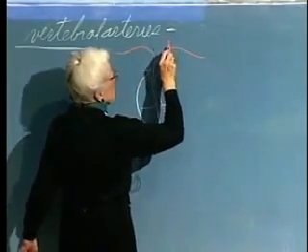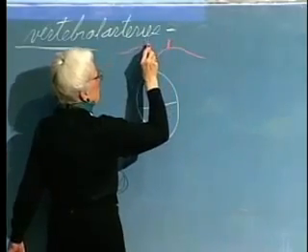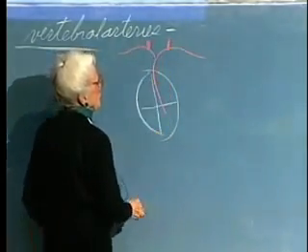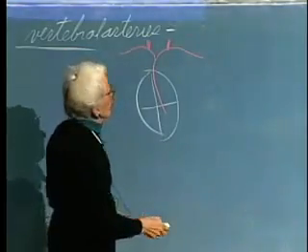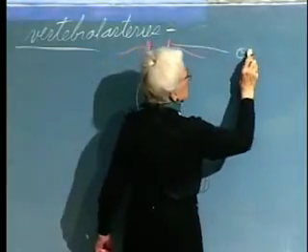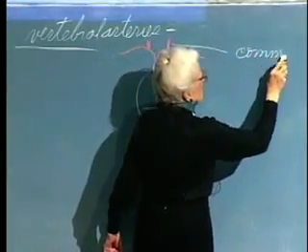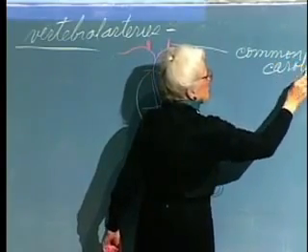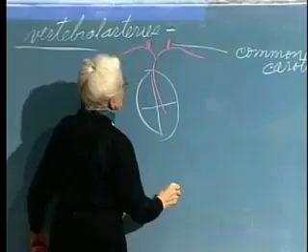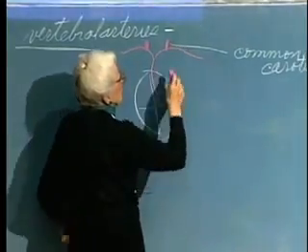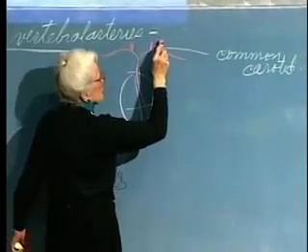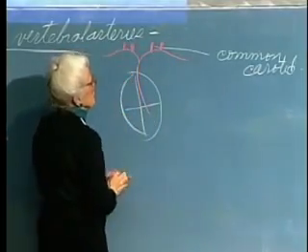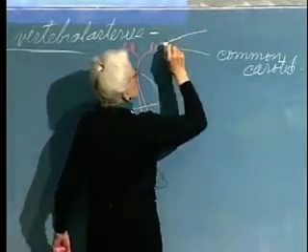The first branch coming off here is what? Pardon? Common carotid, right. So that's common carotid. So you go one beyond the common carotid on the subclavian, and you'll come to the vertebral. So our second one is our vertebral.